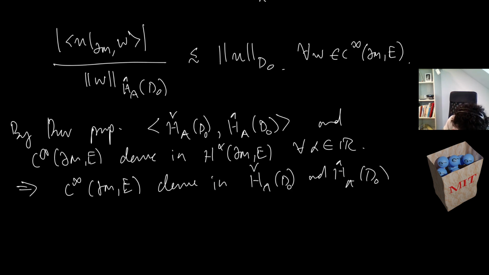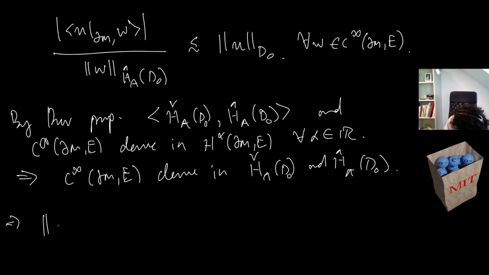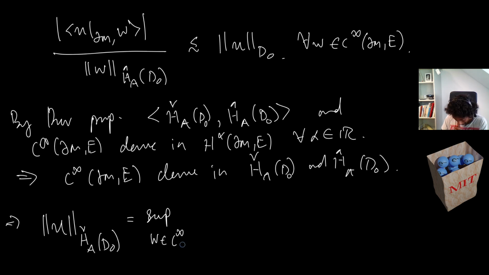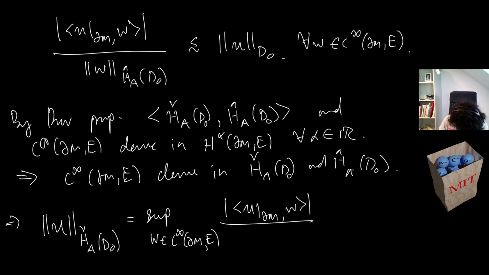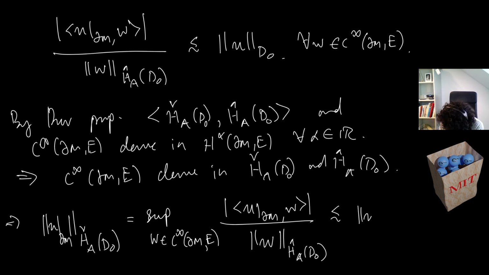So that means that the norm u in h hat A of d naught we can recover as a sup over w in C infinity over the boundary of u restricted to the boundary, divided by w in h hat A d naught, which we just proved was bounded by u in d naught.